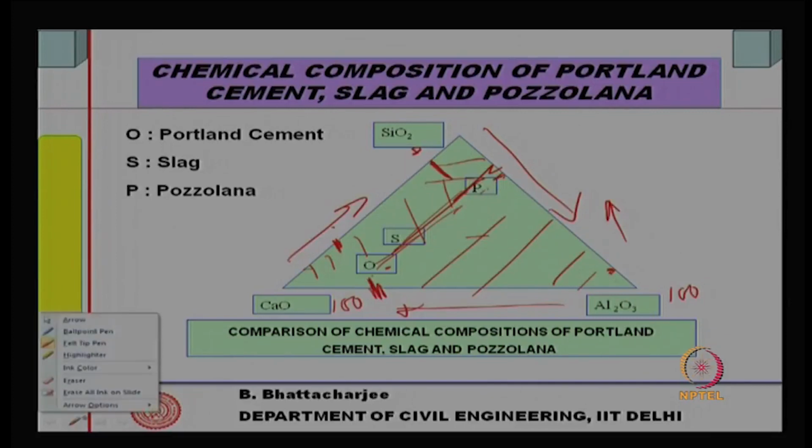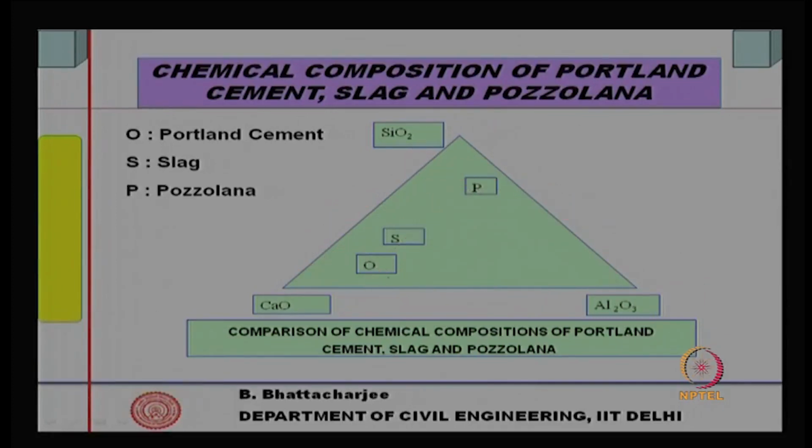This one has this much amount of calcium oxide, because calcium oxide 0 is this line and 100 is here. Calcium oxide is small in pozzolana. Slag has somewhat higher calcium oxide, but less than the OPC.